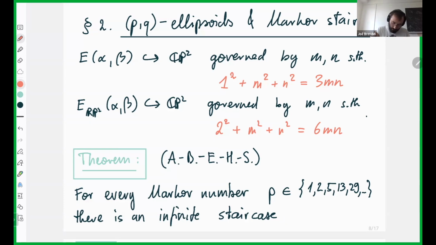And of course, stated in this way, it doesn't make much sense. I can always draw some staircase, but it's a staircase corresponding to some meaningful symplectic embedding problem. And this is what I would like to describe now, what this symplectic embedding problem is for the higher Markov numbers.